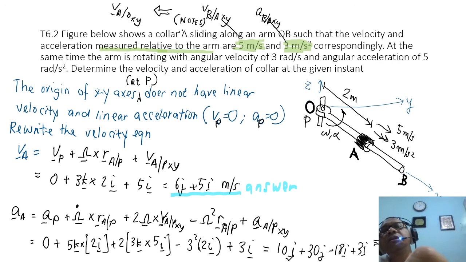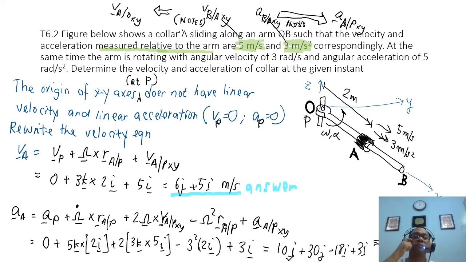Similarly, if you look at the question here, our acceleration is the acceleration of A relative to P or O in the small xy. At the same time, the arm is rotating with angular velocity 3 radian per second. So again, we have this 3 radian per second.